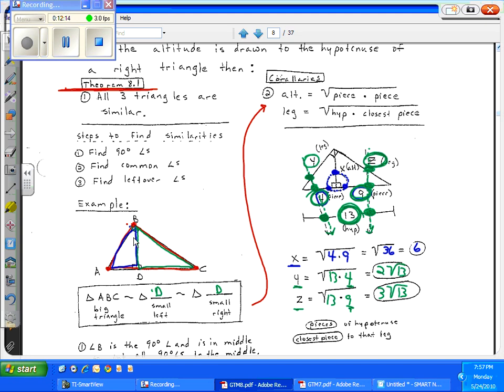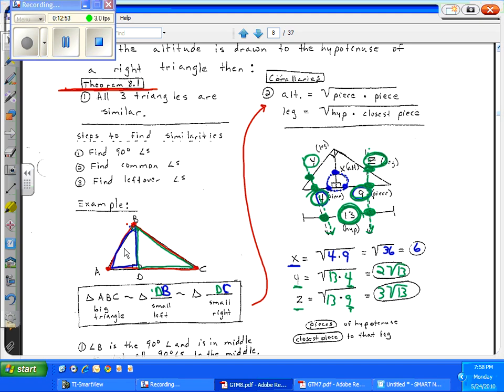C of the whole big thing was last, so the b of the one on the left goes last, and so I'm going to put the b there. And so the smallest of the one on the right would go last, which is C, of the acute angles.